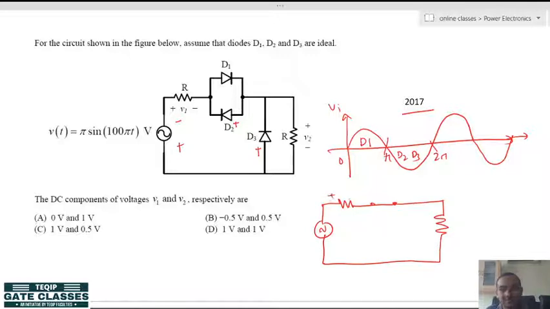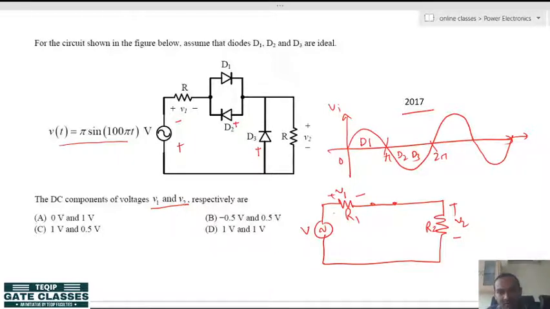So, it is plus minus V 1, plus minus V 2, it is R 1 and it is R 2. So, this is voltage V, where this voltage V is given here. All right. So, now you have to find the DC components in V 1 and V 2. DC component means we have to find the average voltage of V 1 and V 2.